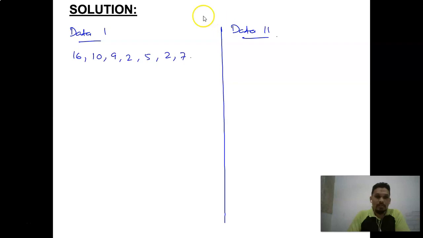From the formula of the variance, s squared equals the summation of x squared minus the summation of x in brackets squared divided by n, and everything divided by n minus 1.